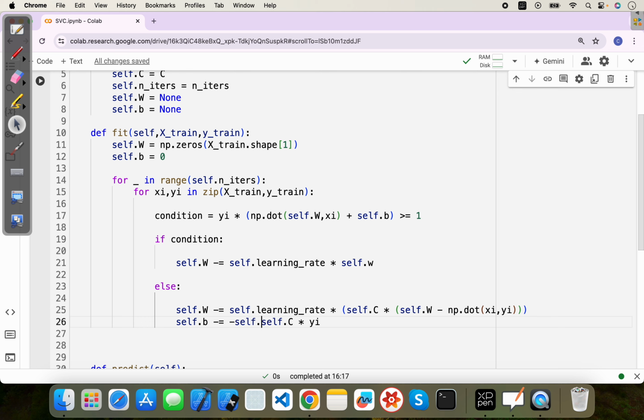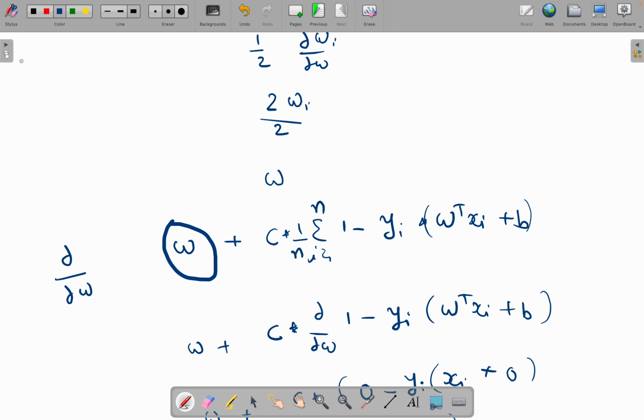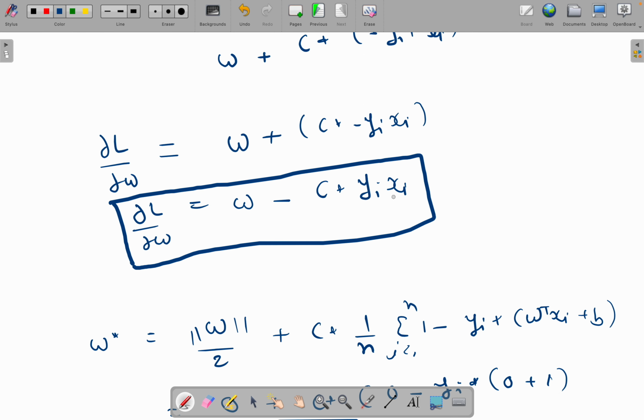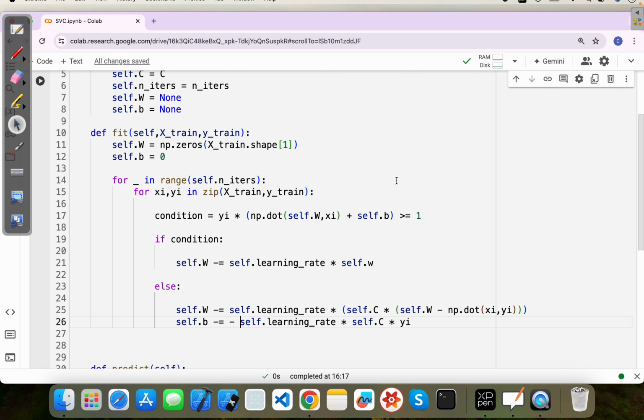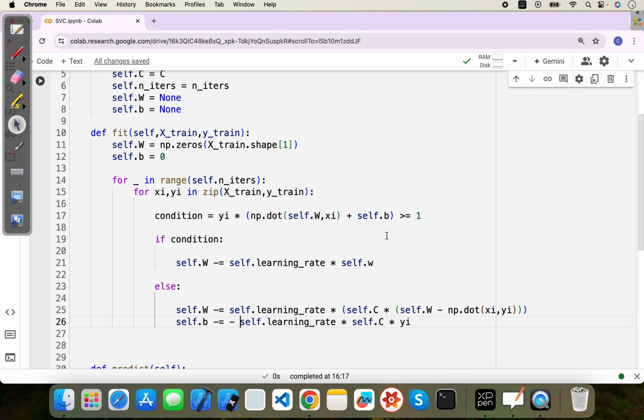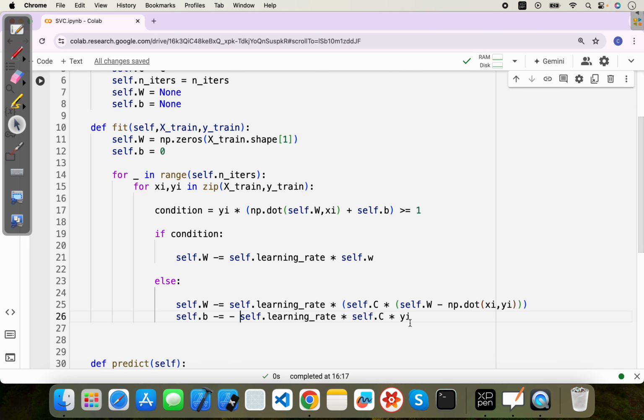So I can write self.learning_rate times self.c times yi, right? Here what I am saying is this term, right? So we had used w minus c times yi times xi. If you see here, w minus yi times xi, and for b we are using c times minus yi, right? So here self.learning_rate times self.c times minus yi.